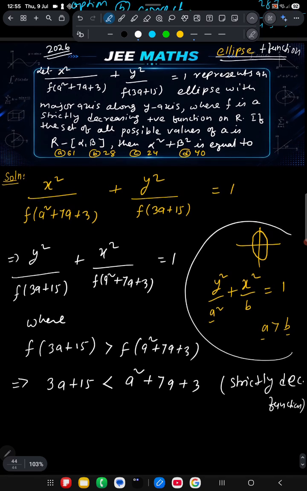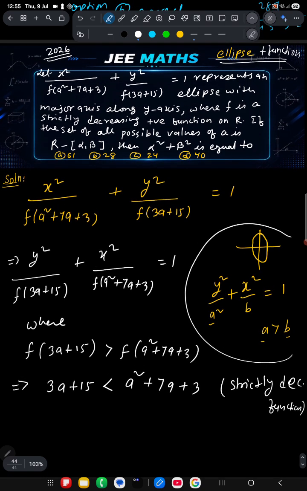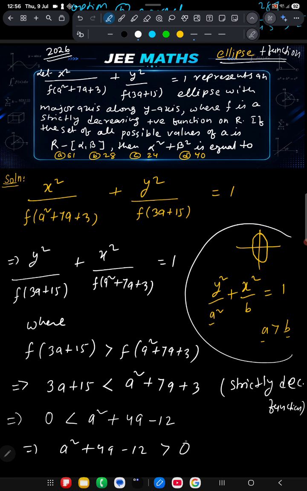This is the only reason behind strictly decreasing function. Now we will solve this inequality. Everything will come to the right side. So a square, 7a minus 3a is 4a, and 3 minus 15 is minus 12. So this is giving you that a square plus 4a minus 12 is greater than 0.